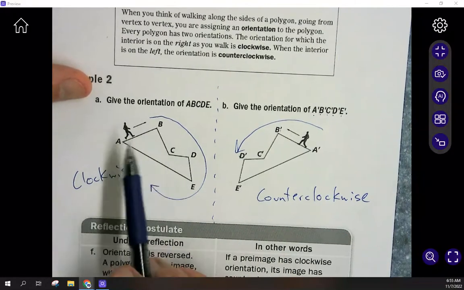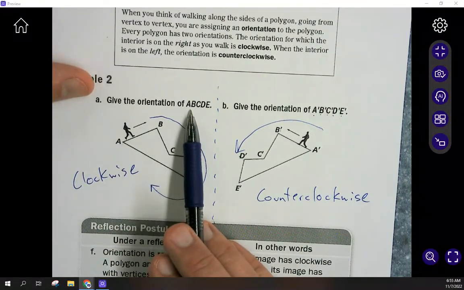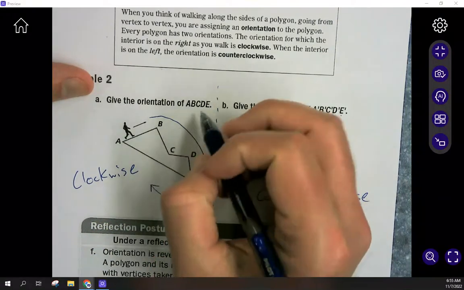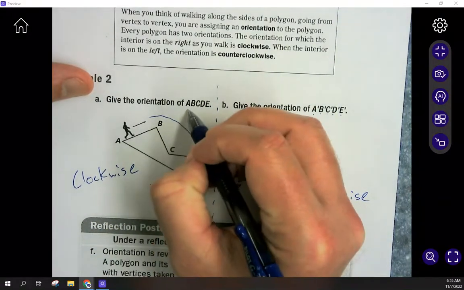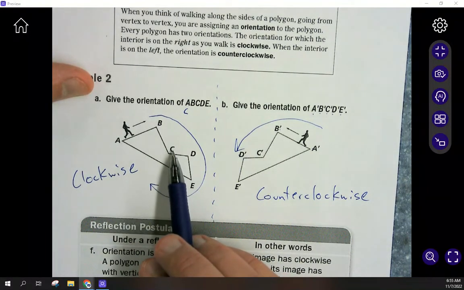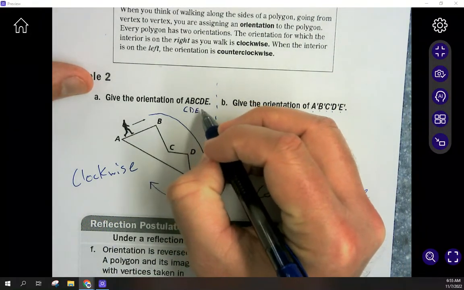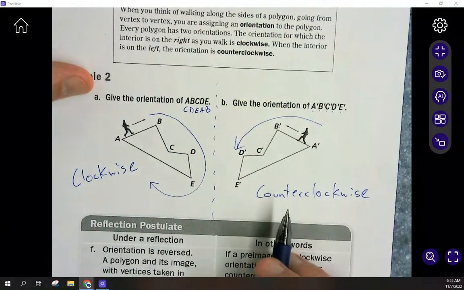Now, you don't have to start with A. You don't have to start with the first letter that appears in the alphabet. You could name this starting at C, but if you did, you can't go to B. You still have to follow alphabetically. So you could name this C, D, E, A, B. That's perfectly acceptable.